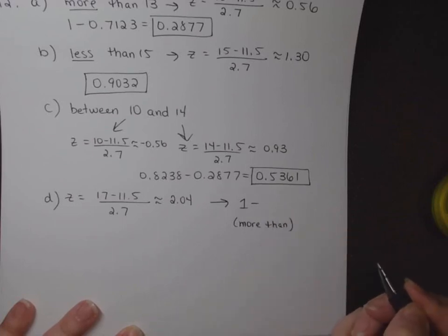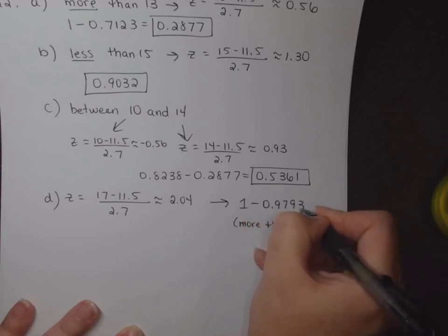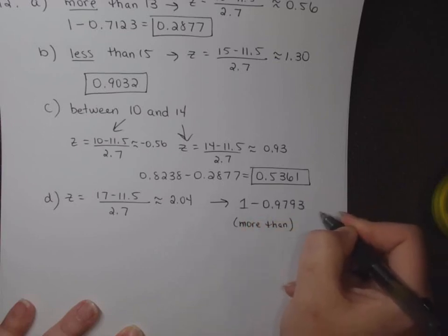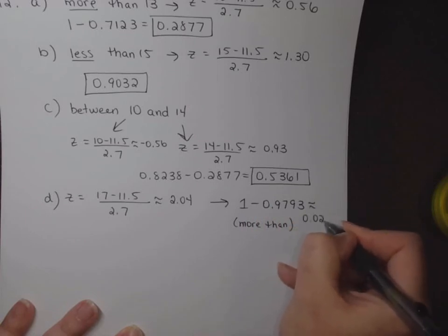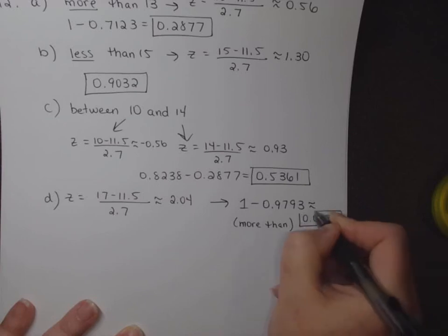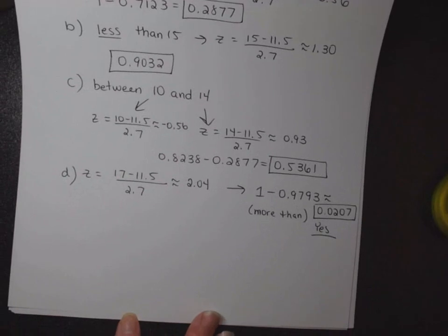So 1 minus 0.9793, which is right around 0.0207. So that is less than 5%, so yes, that's unusual. It would be unusual for a 2-month-old to weigh that much.